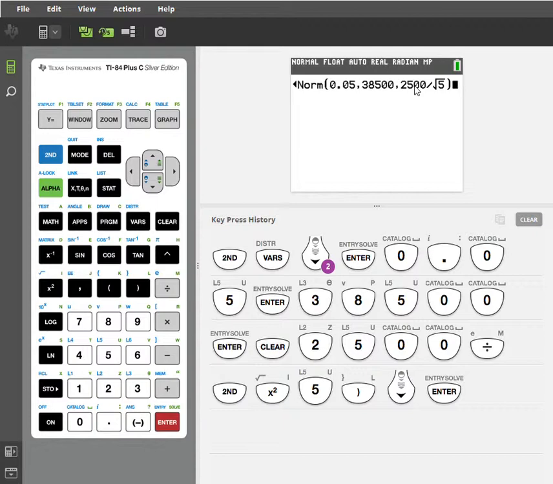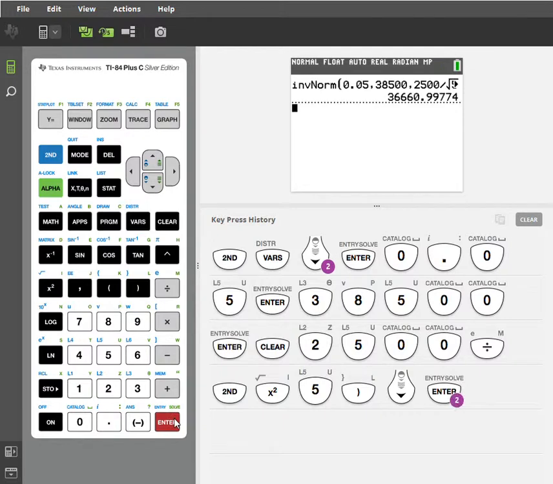Then you would just do the 2,500, the standard deviation for the population. If you are looking for a percentile for the sample means, what is the data value that separates the lowest 5% of sample means of a given size? Make sure we have population standard deviation divided by the square root of sample size.